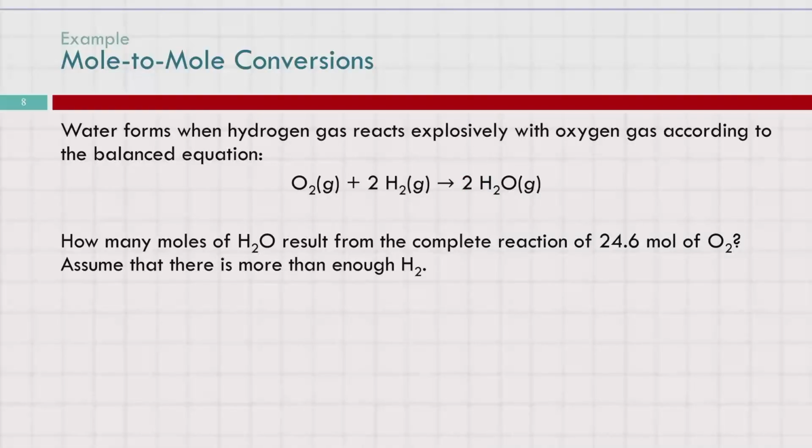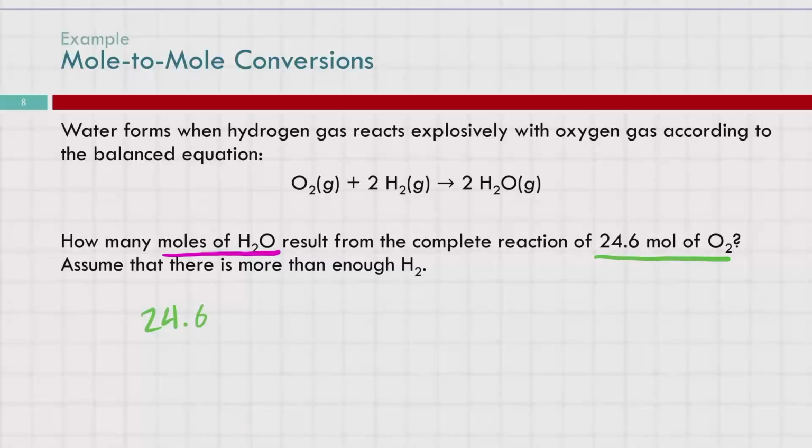How many, that's our question word, how many moles of H2O result from the complete reaction of 24.6 moles of O2? So we're starting with the O2 partly because it has a number with it.